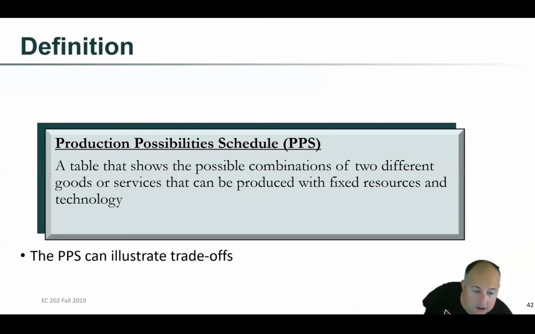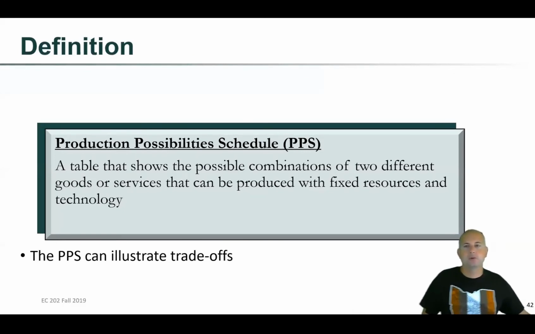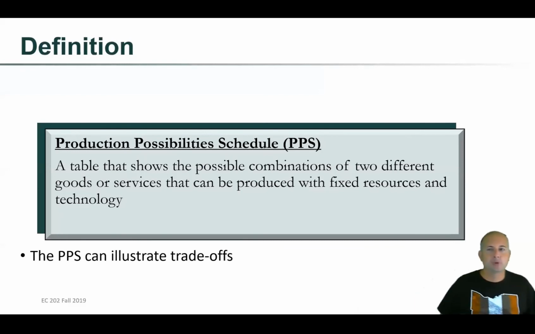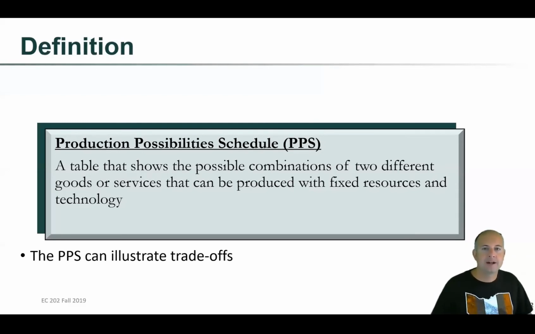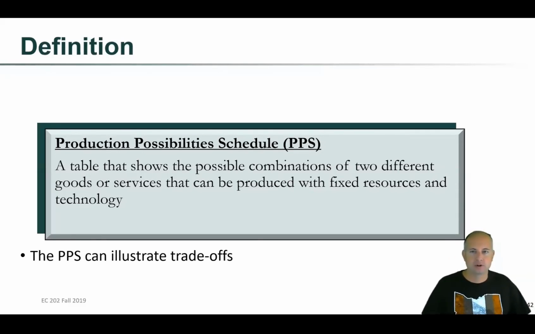All right. So this right here is what we call a production possibility schedule. It's a table that shows the possible combinations of 2 different goods or services that can be produced with fixed resources and technology.